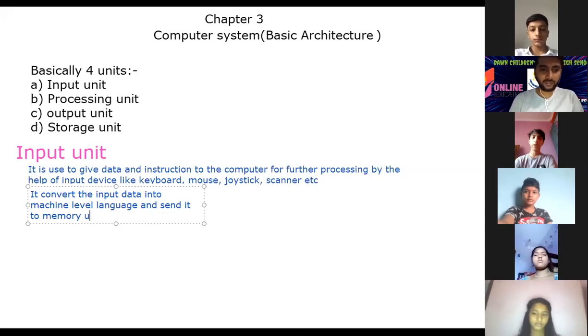Okay, or memory system we can say, or okay fine, the memory unit.